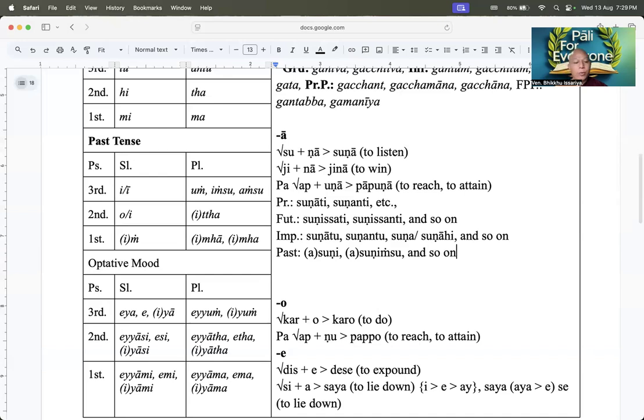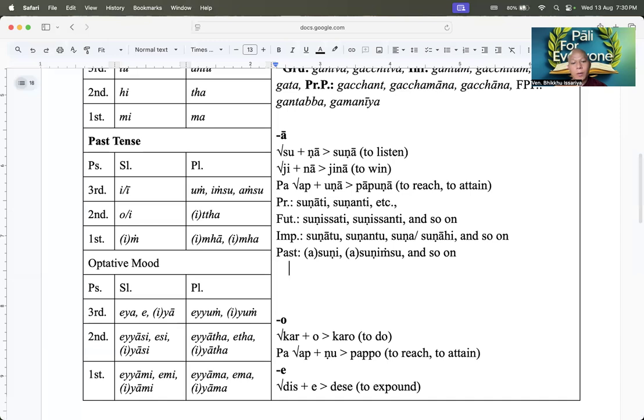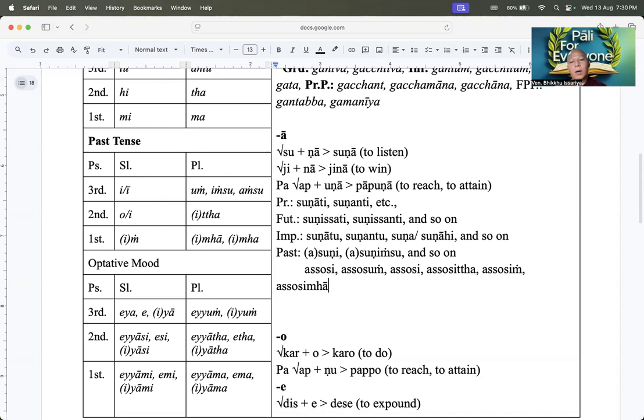But from the root, we will have forms like associate, associate ma or associate ma.